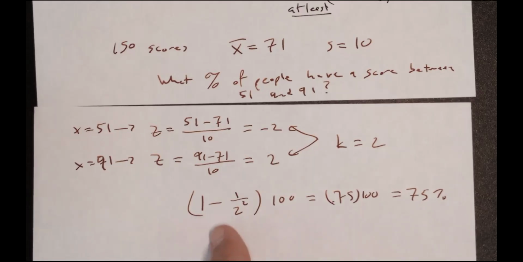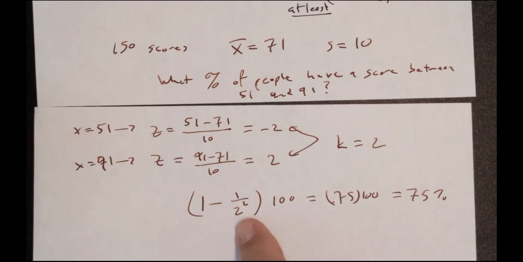Because 1 minus 1 over 3 squared, 1 minus 1/9, that's 8/9, that's 0.8888, multiplied by 100, that's 89%. 3 standard deviations, 89%. 1.5 standard deviations. 1.1, I just can't use 1. Why can't I use 1 in this formula?